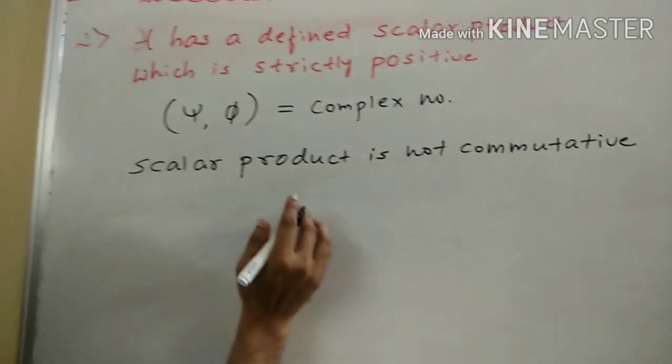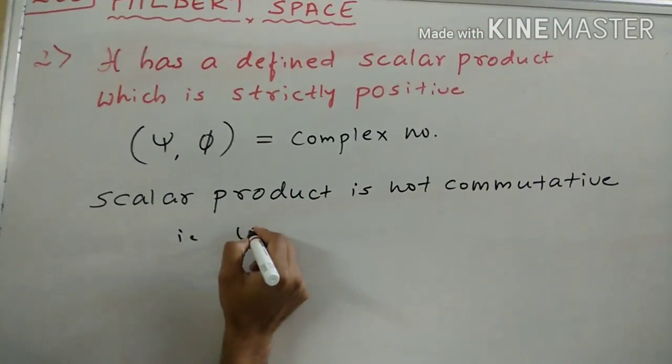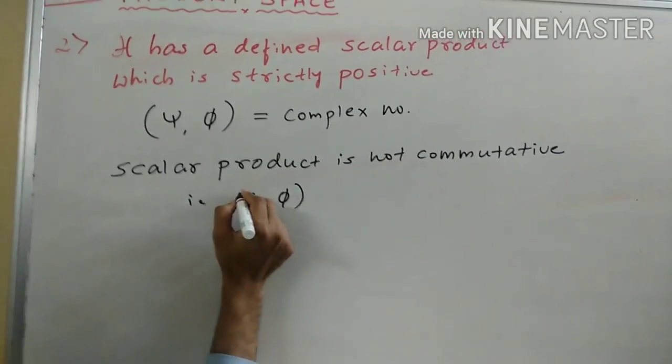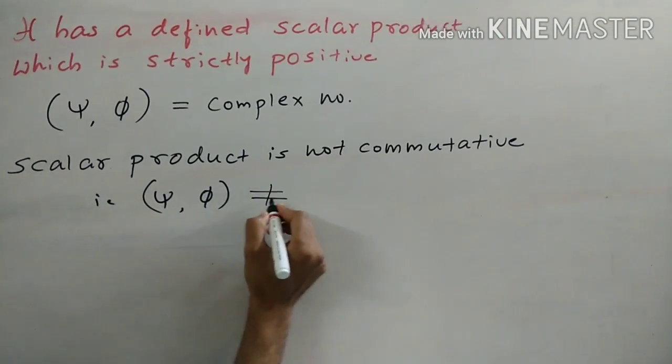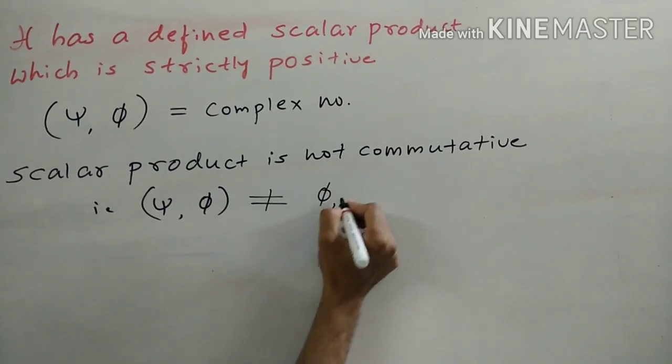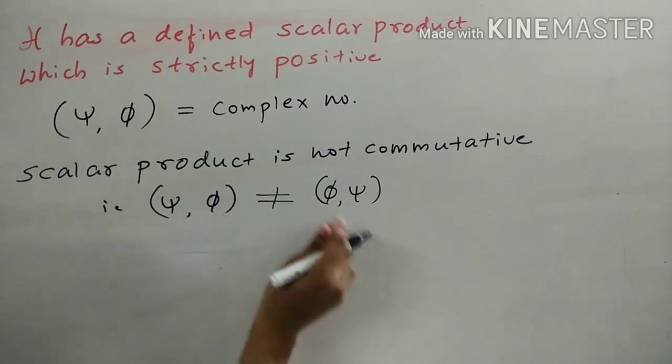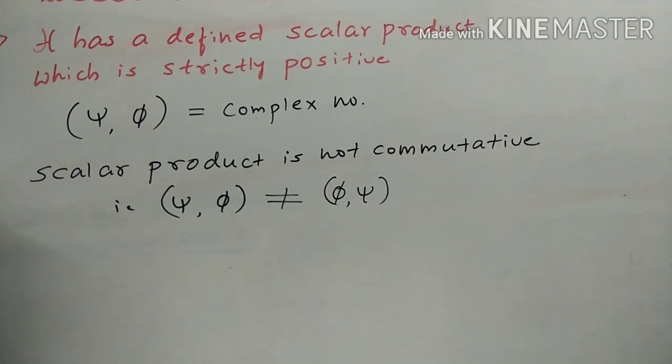Scalar product is not commutative, that is, the scalar product between psi and phi is not equal to the scalar product between phi and psi. So if you change the order, we won't get the same answer.